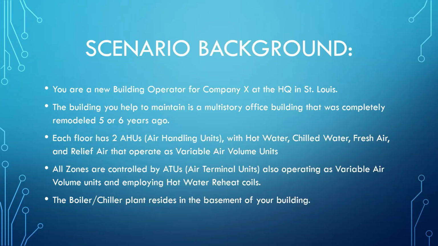The air terminal units are a basic VAV box, so variable air volume, hot water reheat coils, and a control damper. There is a boiler and chiller plant in the basement of the building.